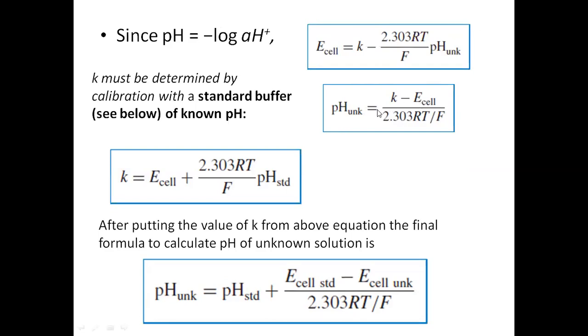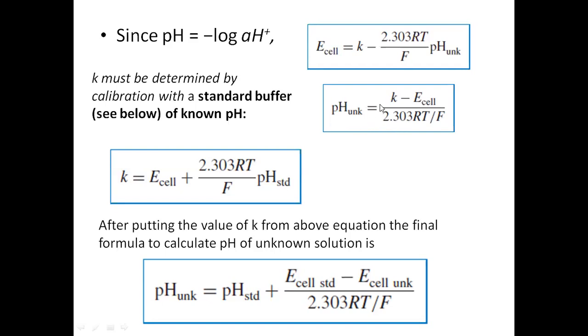Now see, how can we find out the pH? We just immerse our probe into the sample solution. We get some potential on the small LED on the instrument, and we just put the value of that potential over here. We know the value of K. All other things are also constant, so we can find out the pH.